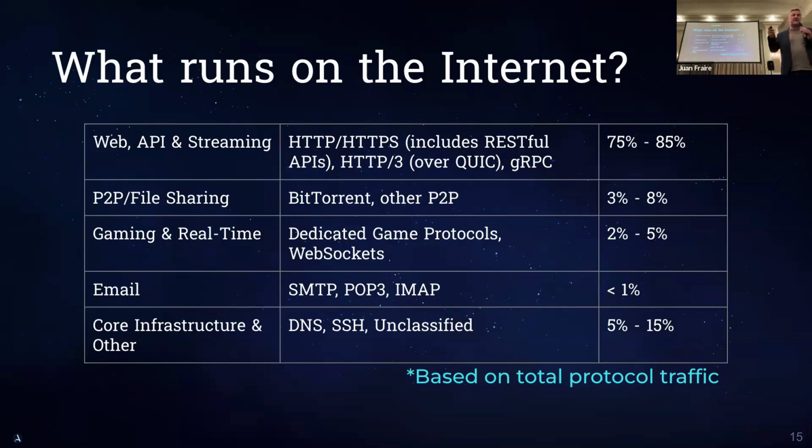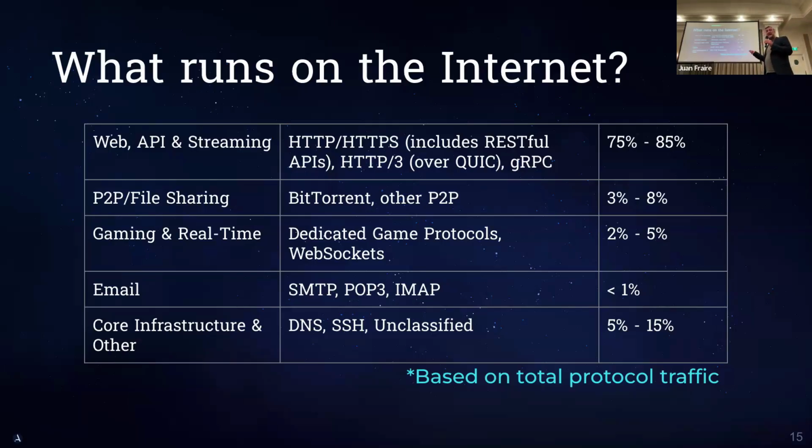It's HTTP, gRPC, insert the name of your favorite HTTP variant here, but it's all basically web and REST. Below that, there's a bit of peer-to-peer and file sharing stuff that's still going on. Not hugely popular, but terribly chatty, which is why ISPs hate it, by the way. Then there's gaming and real-time services. It's everyone playing Fortnite or whatever. So that's 2 to 5%, only 5% optimistically.